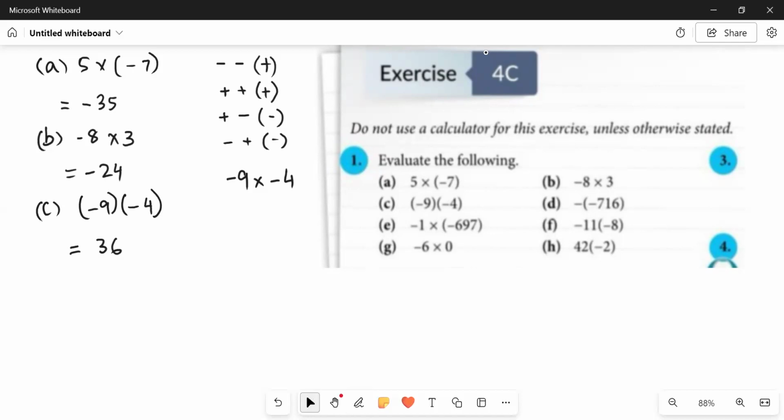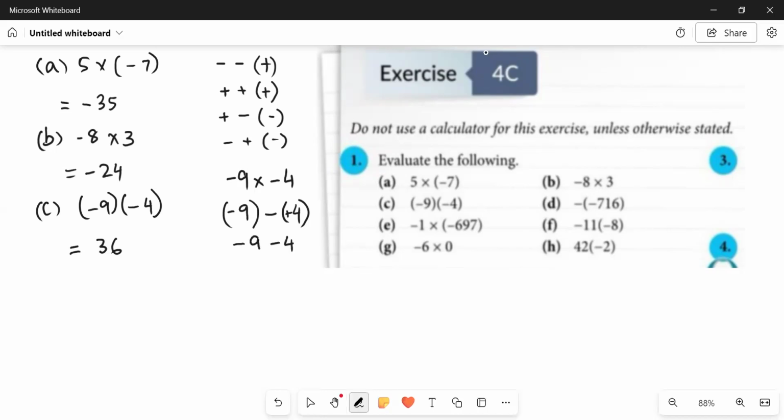Okay, students? If the case would be minus 9 minus 4, now this is different. Here the minus sign is outside of the bracket. So we have a positive sign inside. These signs would get multiplied and it would change to negative.